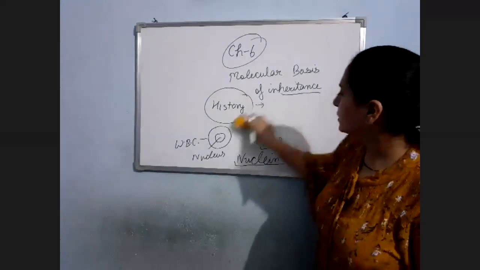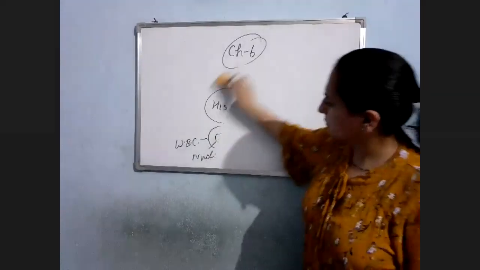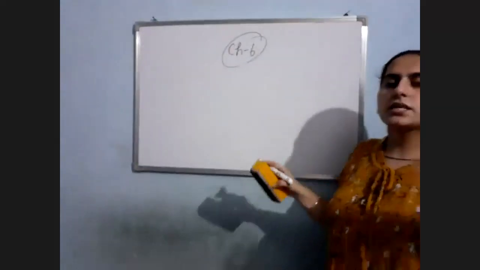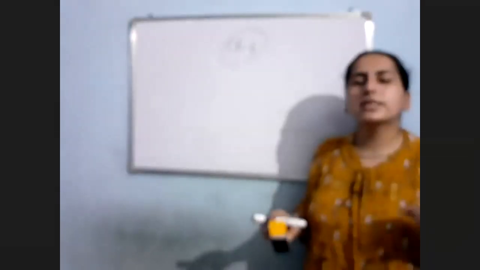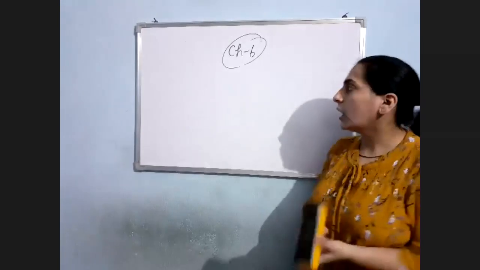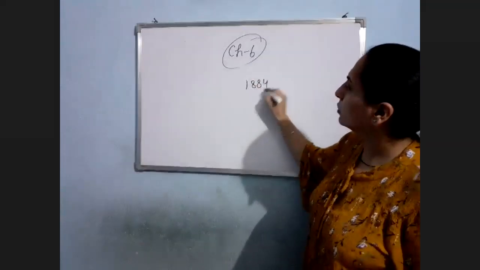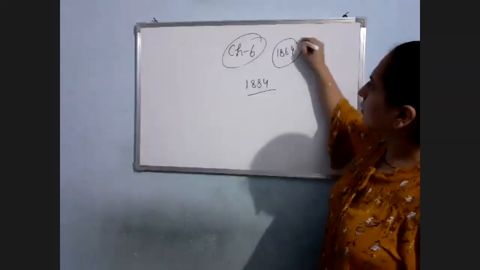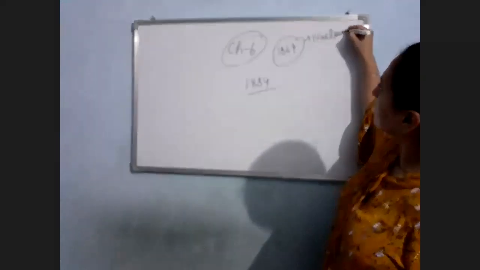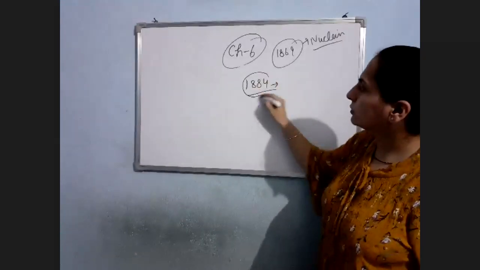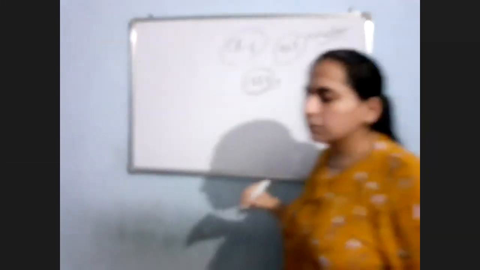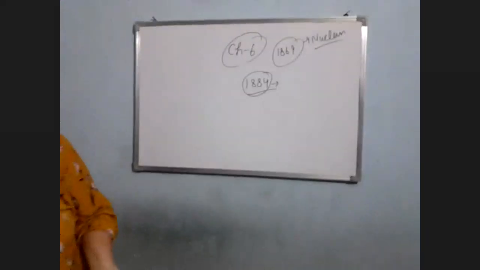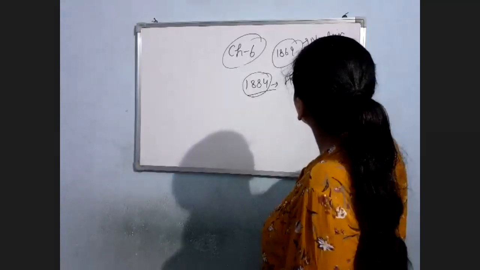Now, next scientist. Frederick Miescher only extracted nuclein, he did not tell anything about it. In 1869, he isolated nuclein. Now, in 1884, there came another scientist known as Hartwig.